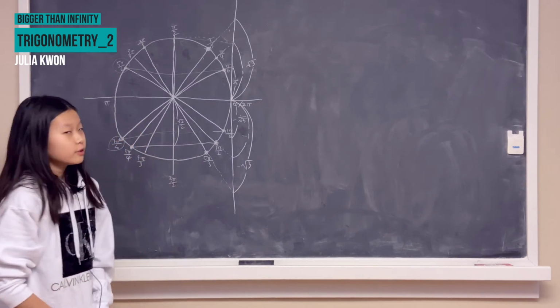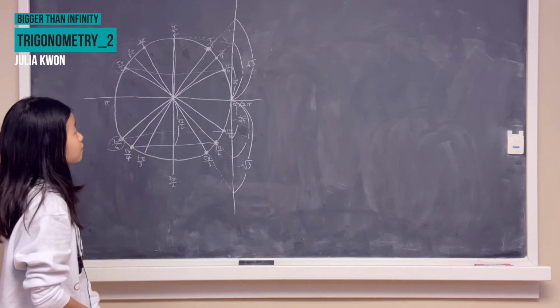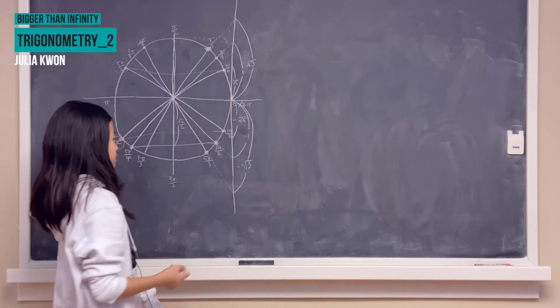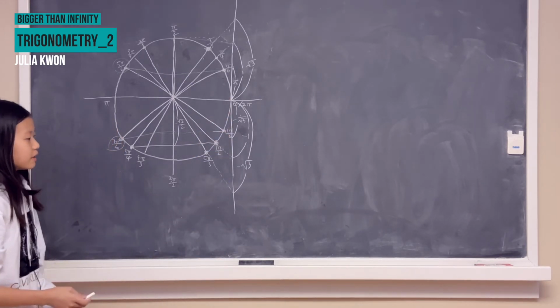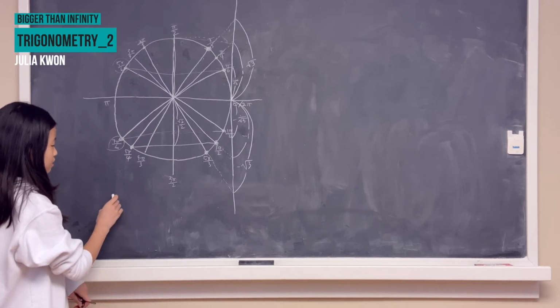So now that we have written all the values down, how this can help us is by, so I'll write an example.